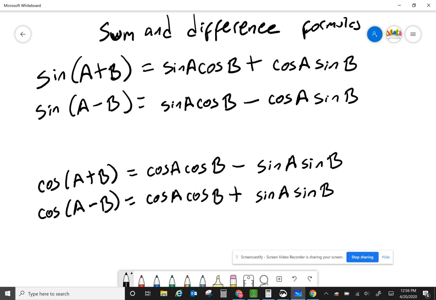These are formulas I'm going to use, if I add in sine, if I subtract in sine, if I add on cosine, if I subtract on cosine. So I give you the sum and the difference of each.